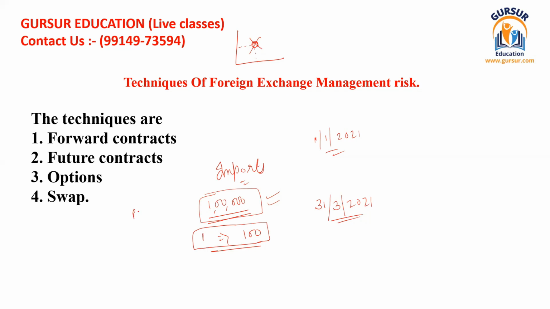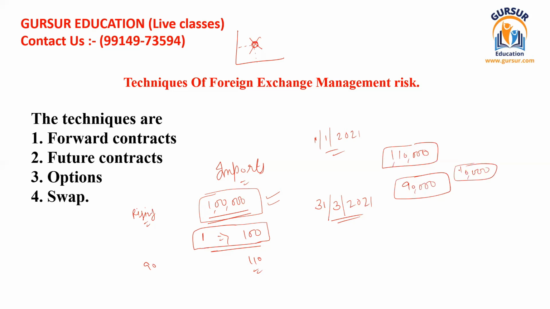If it rises, suppose it comes to 110, then you shall have to pay 1,10,000, and there shall be a loss of 10,000 to you because of the increased exchange rate. And if it comes down, suppose to 90, then you have to pay only 90,000 rupee, and there will be a gain of 10,000 rupee to you.